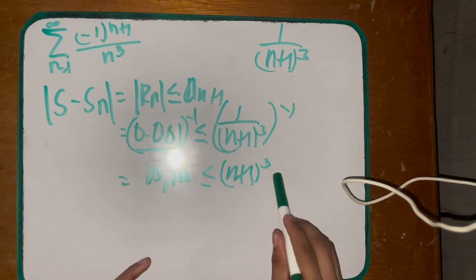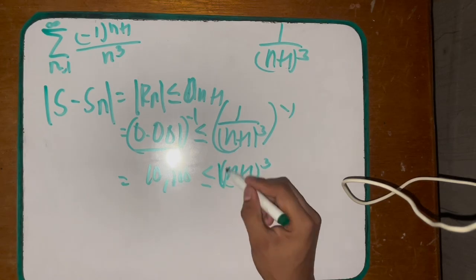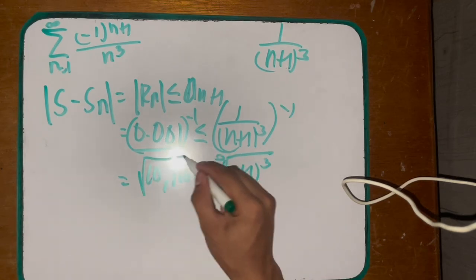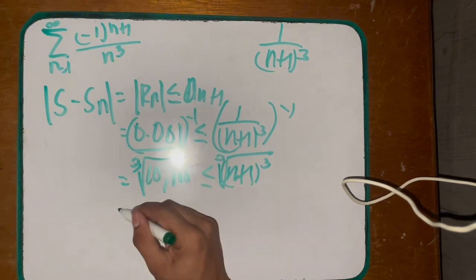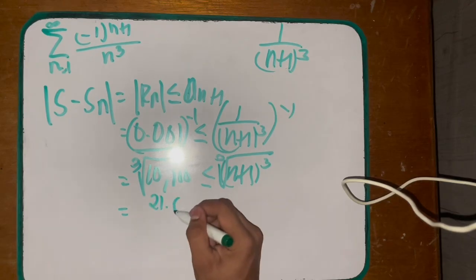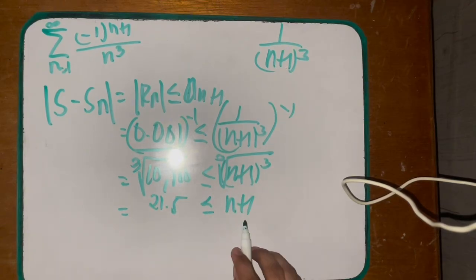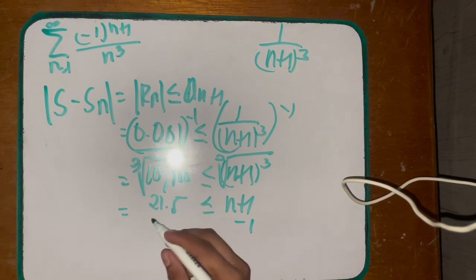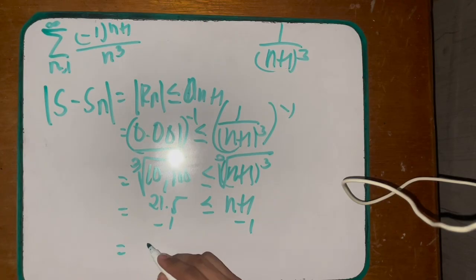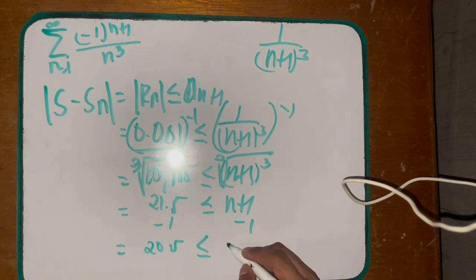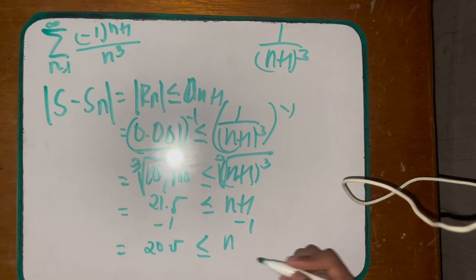To eliminate the cube, we get the cube root of both sides. The cube root of 10,000 is 21.5, and this becomes n plus 1. Subtracting 1 from both sides, we have 20.5 is less than n.